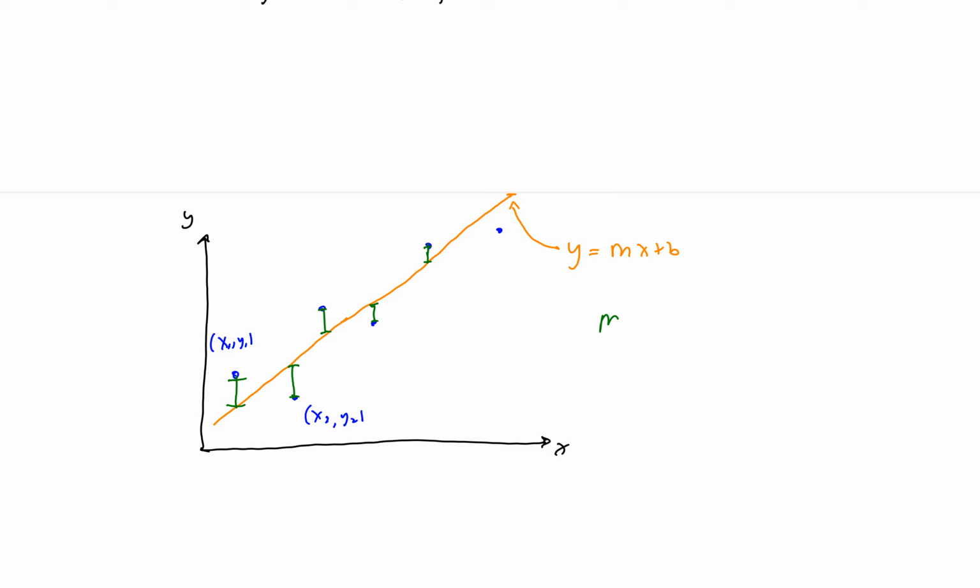So we want to minimize the sum of the squares of these distances.